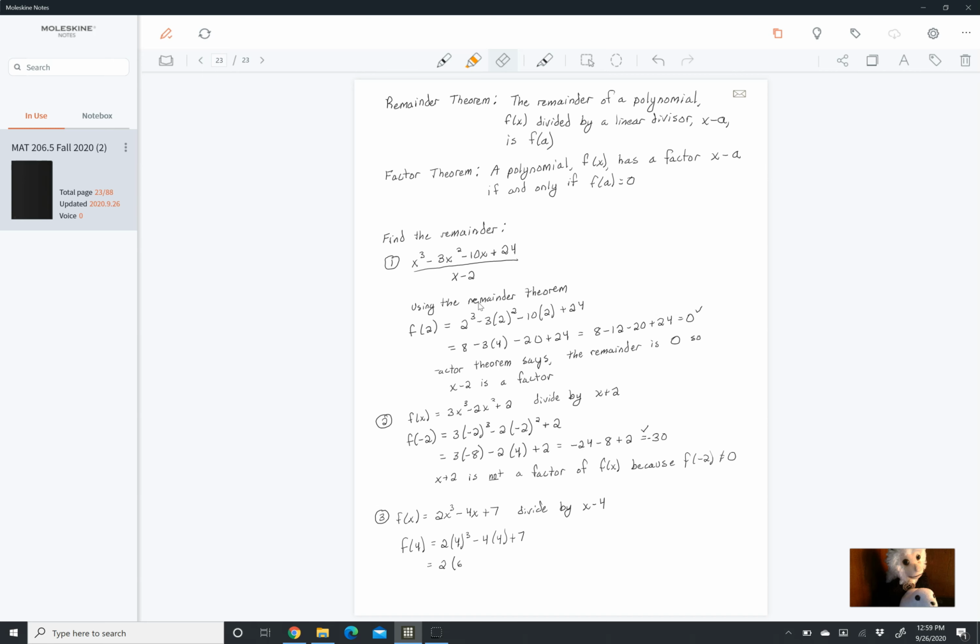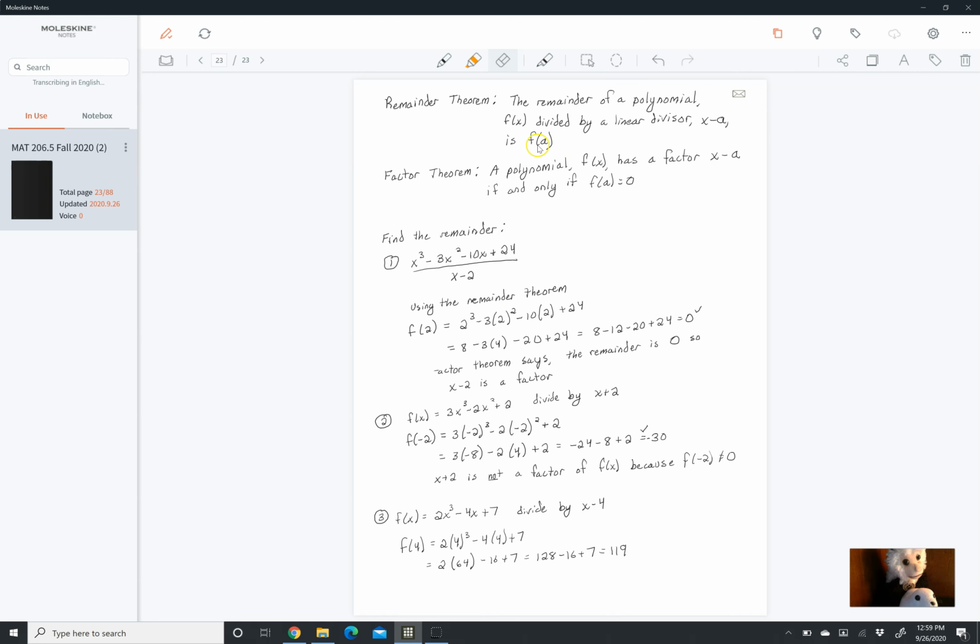So this becomes 2 times 64 minus 16 plus 7. 2 times 64 is 128. Minus 16 plus 7, and that gives us 119.